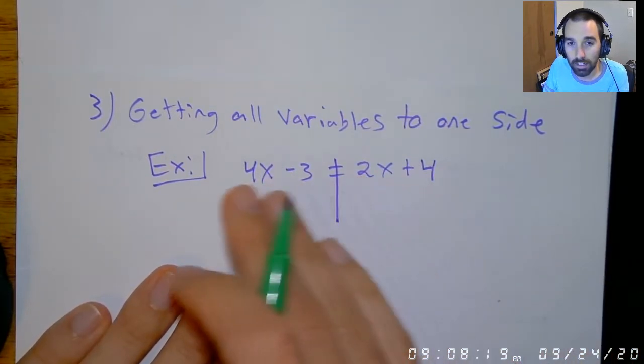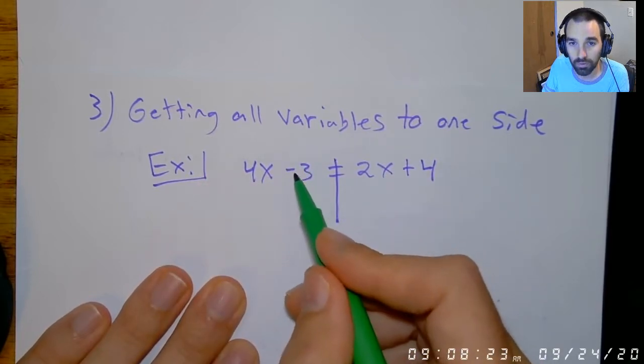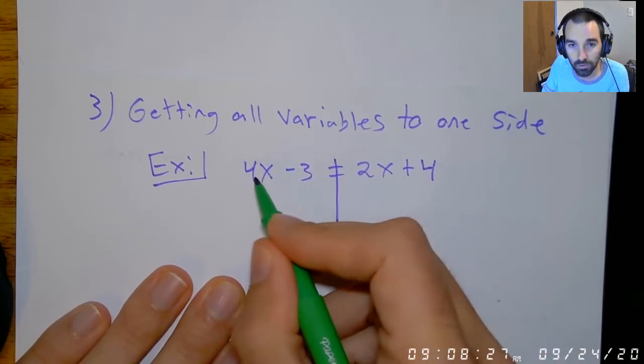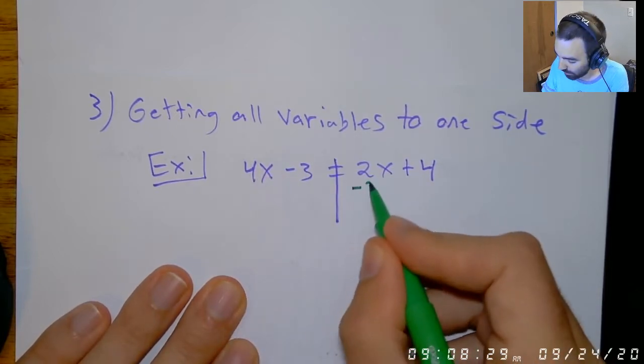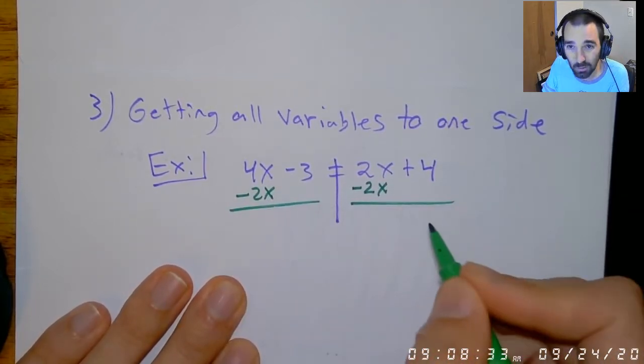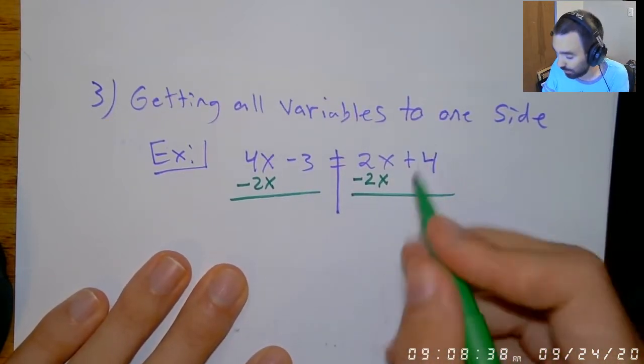So I want all my variables on one side and I want all of my numbers that are by themselves on the other side. So what I'm going to do here is pick the side that has the most of my variable, and I'm going to get everything over there. The reason I do that is because I'm more likely to get a positive number.